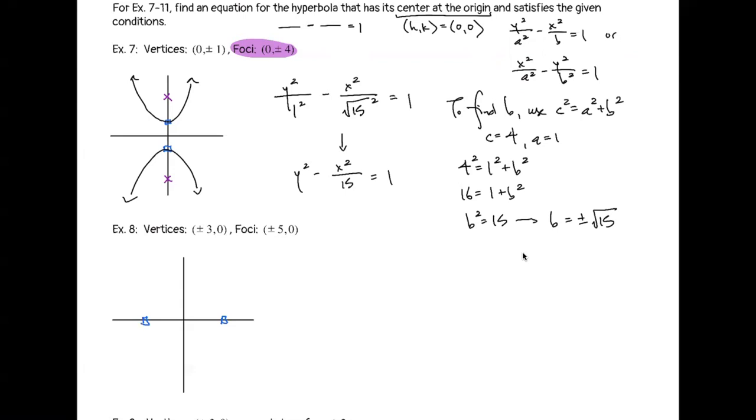X squared minus. Yeah, nice job, because these vertices mean my hyperbola branches open this way, right? And if they open this way, that means that we want to use this x squared one first. So x squared over something minus y squared over something else equals 1.